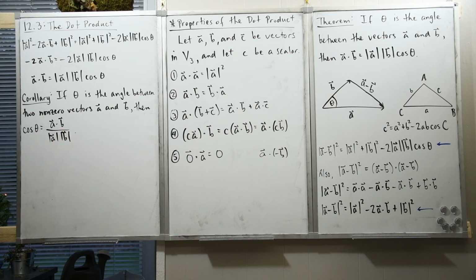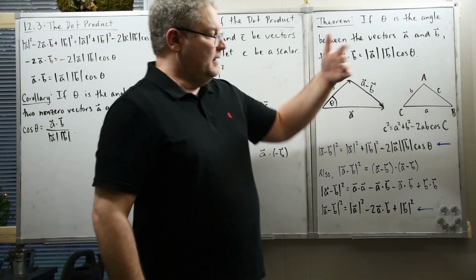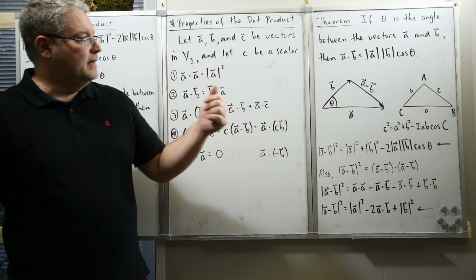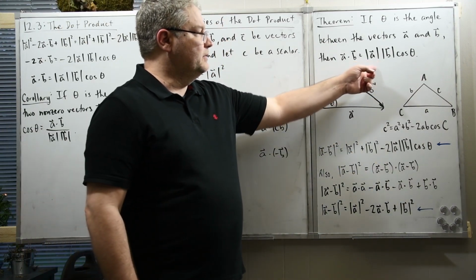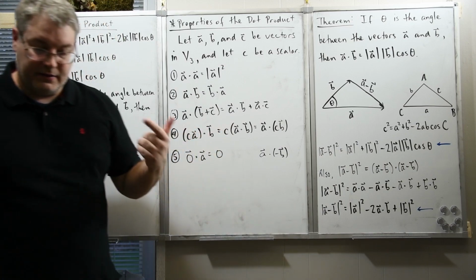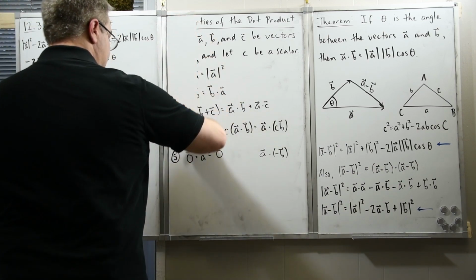Now, this is actually pretty easy to get. If you go back to this formula, if you know that a and b are both non-zero vectors, then you know their magnitudes are going to be positive. And so we can divide both sides of this equation by both magnitude of a and magnitude of b. And it works out pretty well for us. All right, so let's take a look at an example.